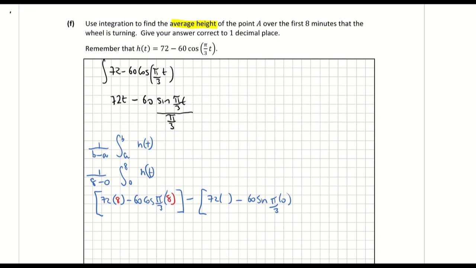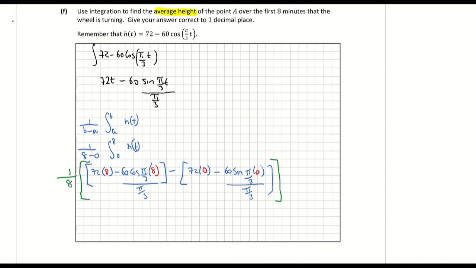And I forgot, actually, this is all over pi over 3. So I'm subbing in 0 this time for t. And don't forget, I need to multiply all of that by my average value. So all of this needs to be multiplied by 1 over 8 minus 0, which is 1/8.